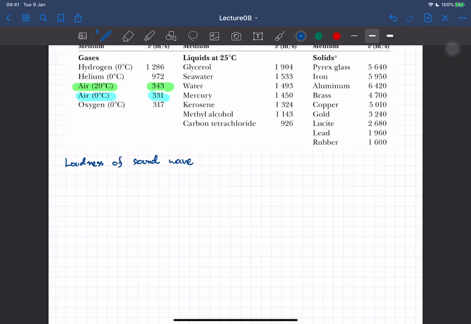And this is actually nothing too complicated, because a very loud sound, you should probably realize, is just a sound wave with higher amplitude, right? So the loudness is related to the amplitude of sound wave.